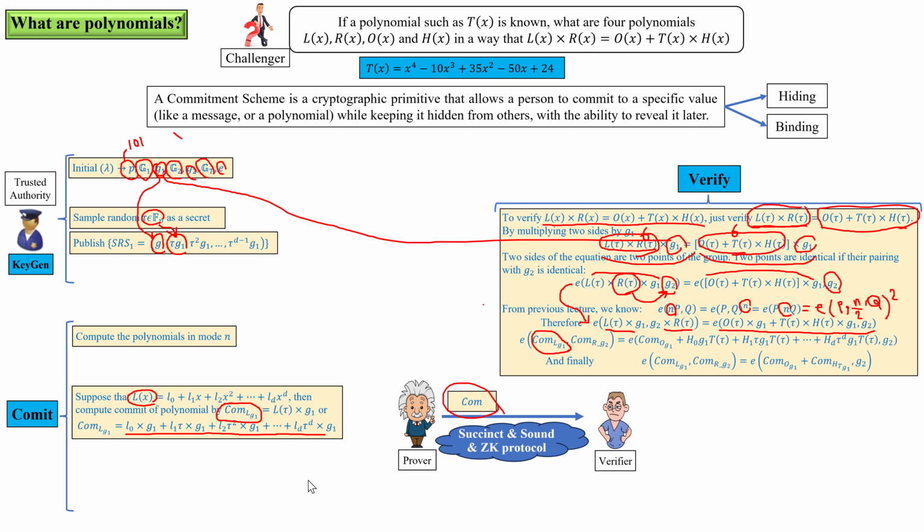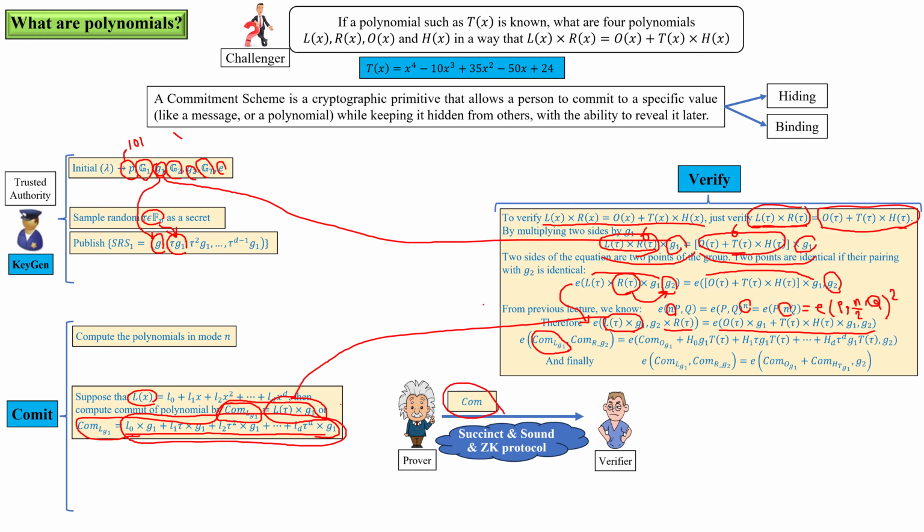So the commit of L equals L of tau multiplied by G1, which equals L0 multiplied by G1 plus L1 tau G1 and so on by this formula.